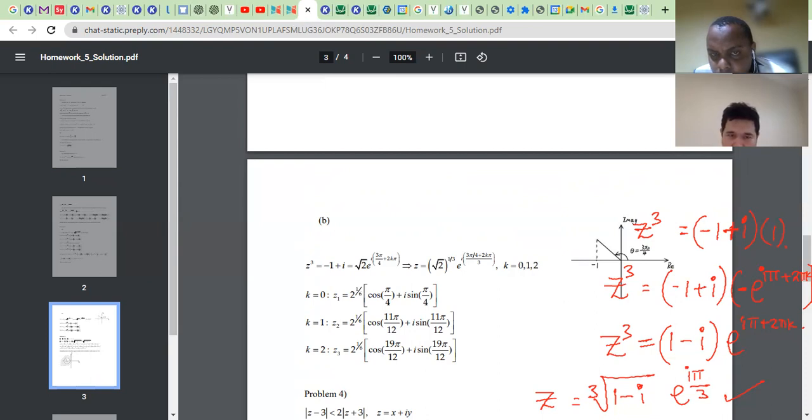Okay, square root, 1 over 6, times, it should be just i pi over 3, right? 2 to the power 1 over 6.